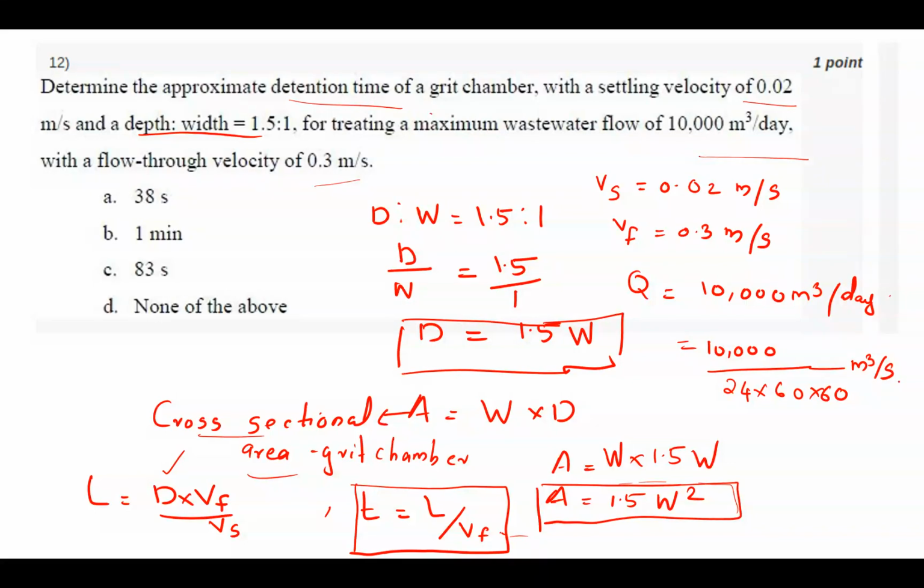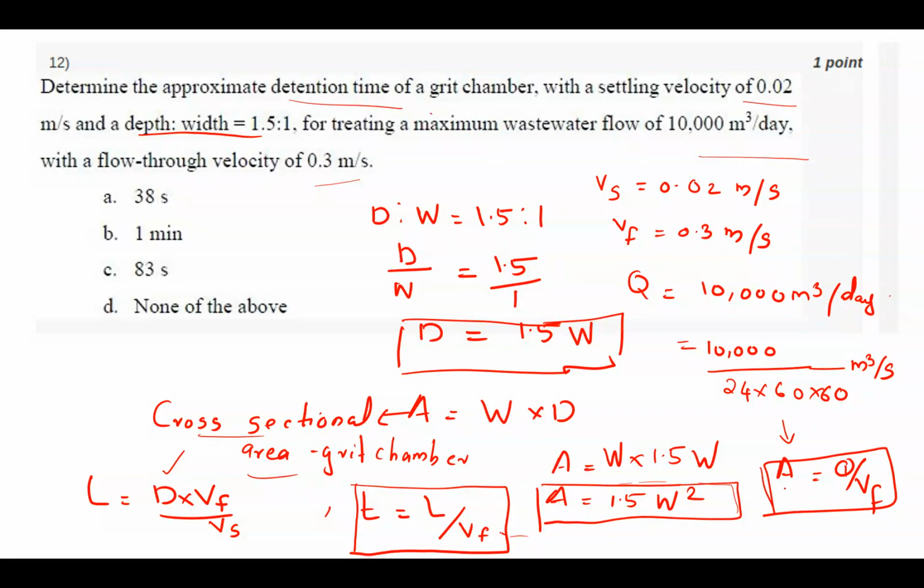If you divide by the flow rate, the meter per second cancels and you get meter square. So area A is equal to Q divided by VF.